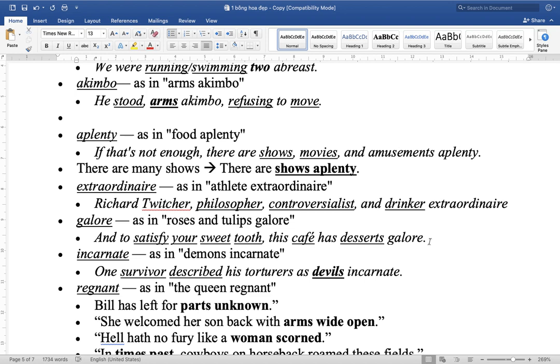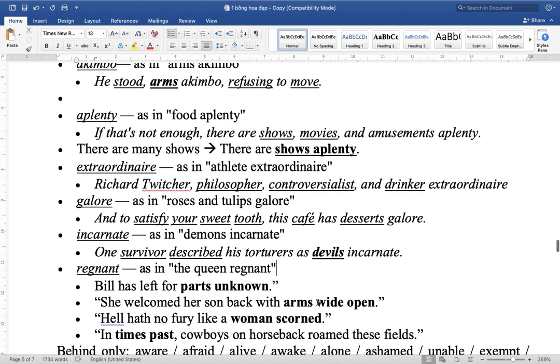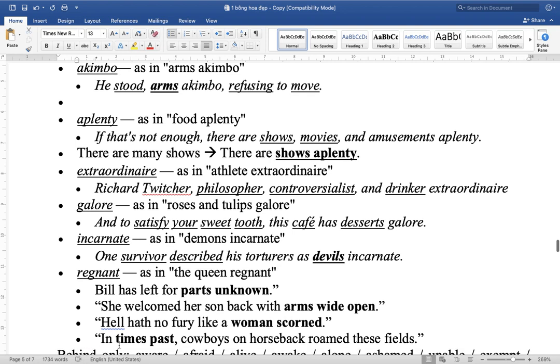So desserts galore. Okay, you see, interesting, right? Or "incarnate," bằng xương bằng thịt. Devils incarnate. Incarnate is an adjective that we use after devils, not "incarnate devils." It's the wrong way. So devils incarnate, một con quỷ bằng xương bằng thịt. Or "in times past," not "in past times." Right. Okay.